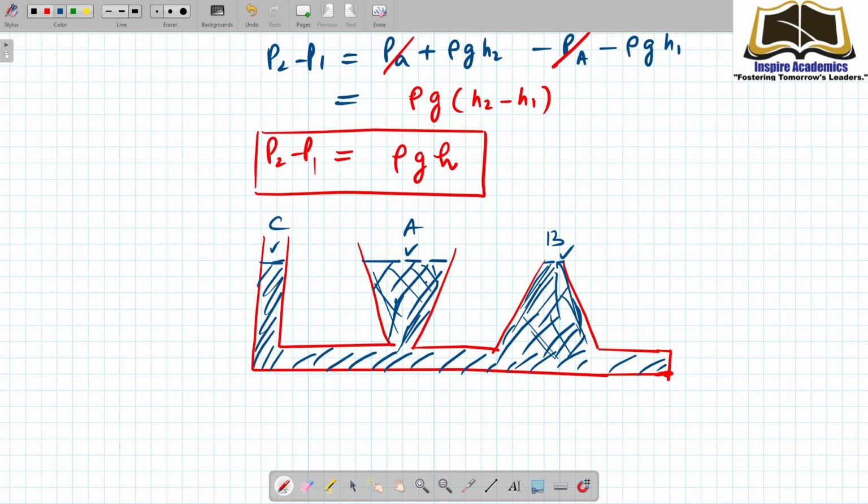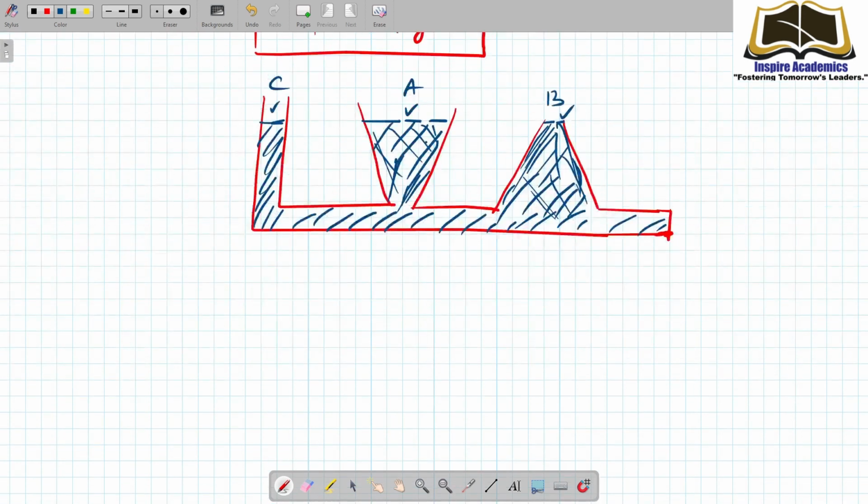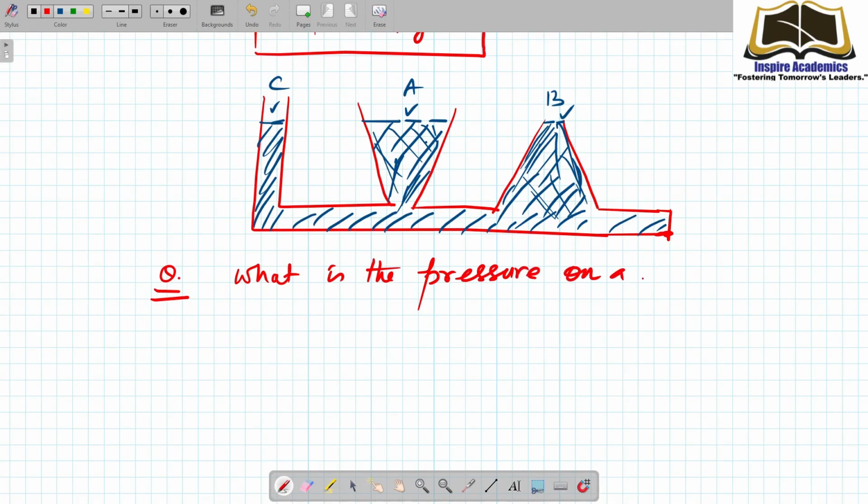Let us try to do a question. What is the pressure on a swimmer 10 meter below the surface of a lake?